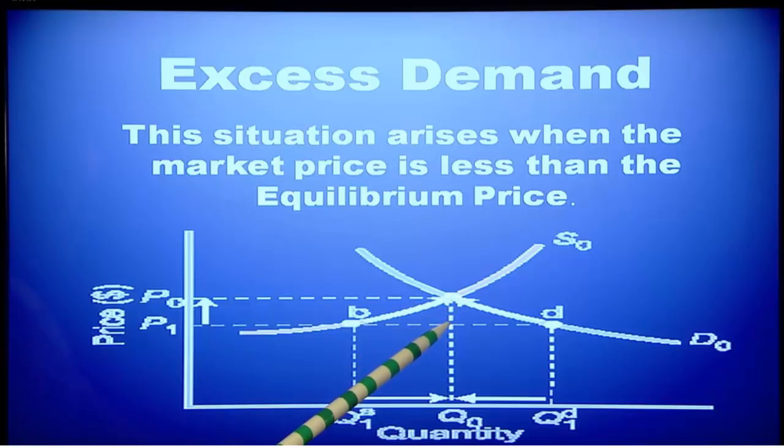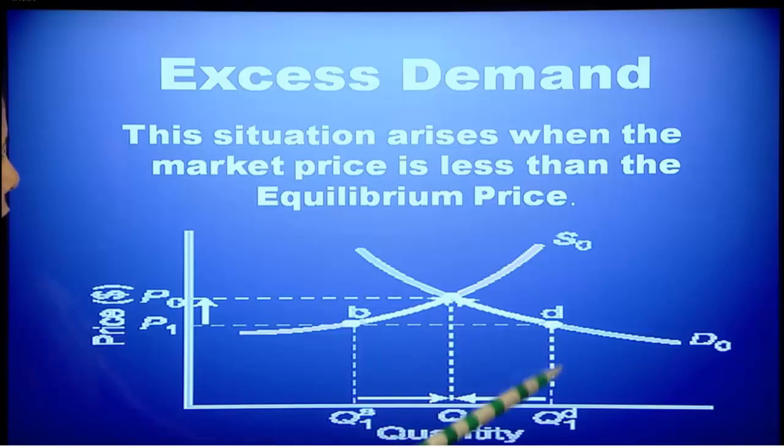However, the market price comes down to this level P1, and at this level P1 we can see that quantity supplied is QS1, whereas quantity demanded is QD1. This much is excess demand. The gap QD1 minus QS1 is excess demand.